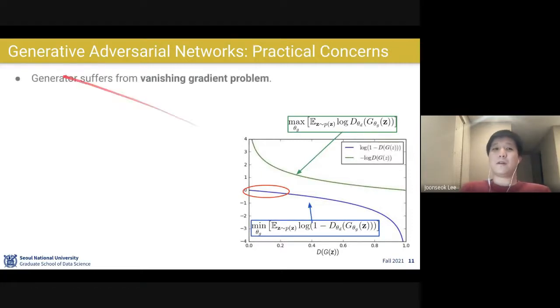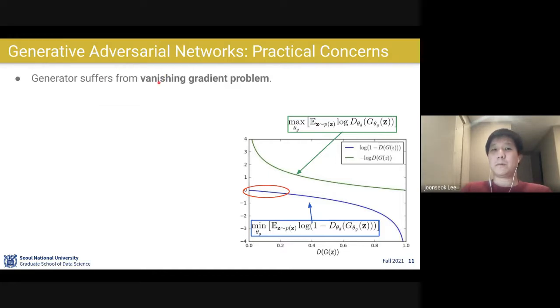So as you imagine, at the beginning, the generator will do nothing, right? It doesn't see any examples yet, so we cannot generate any real-like images at the beginning. The generator will be just fooled at the beginning.